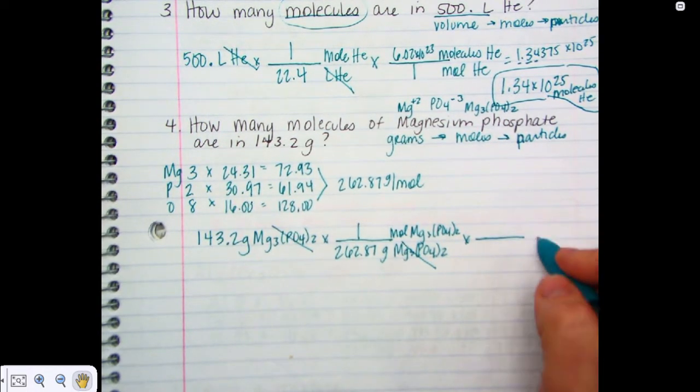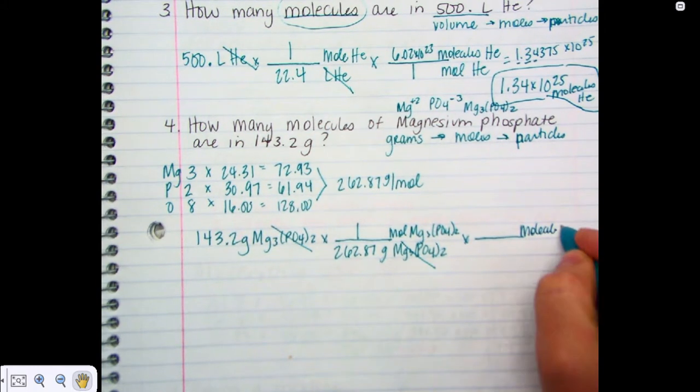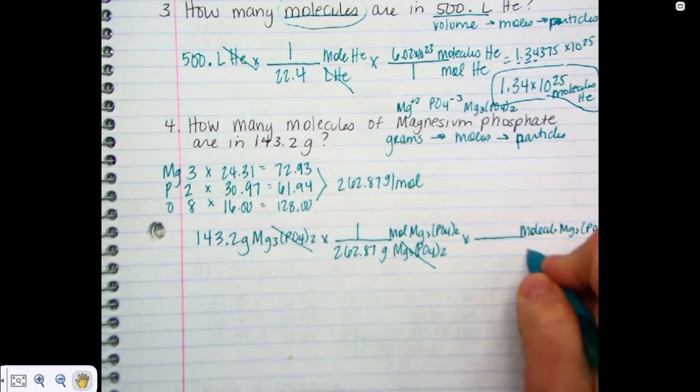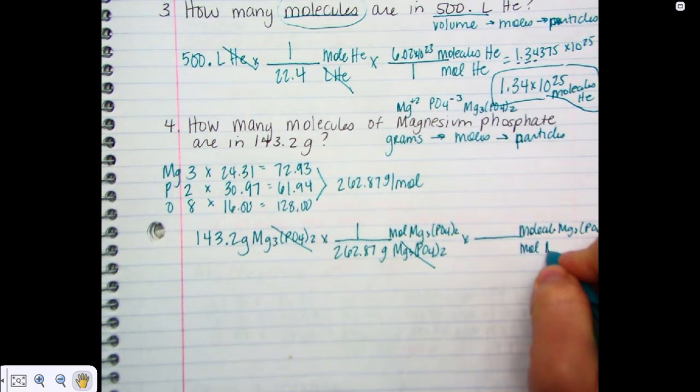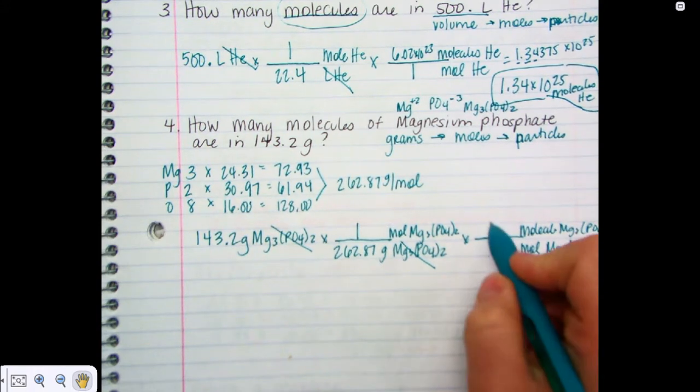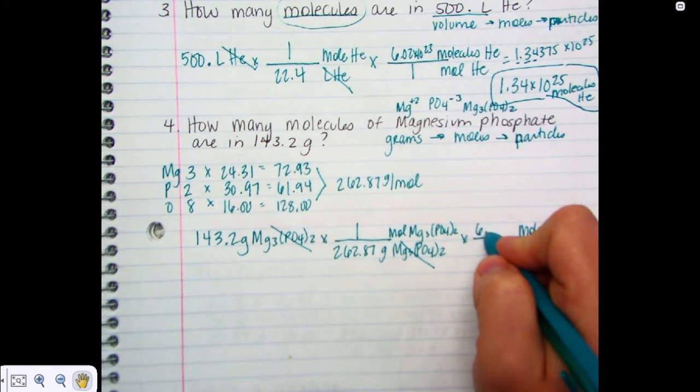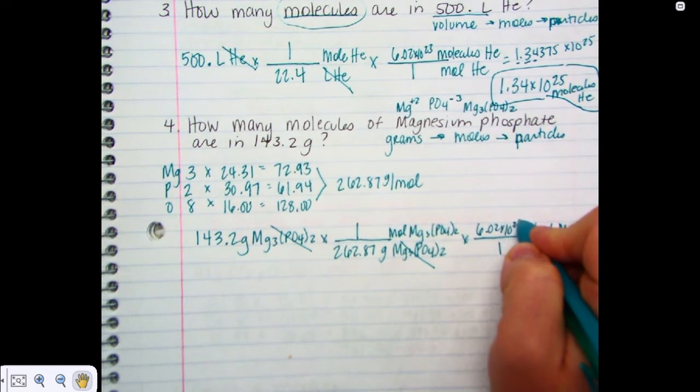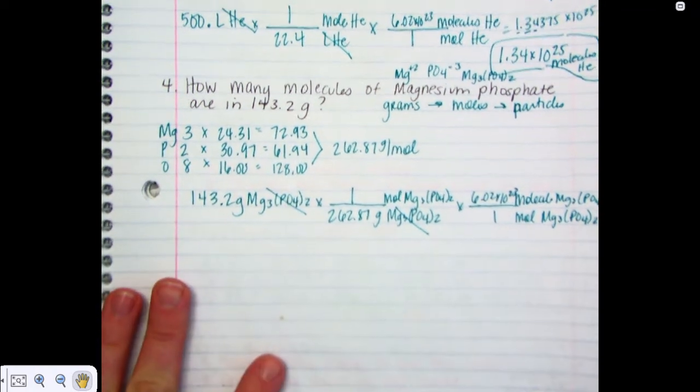Go into molecules, so molecules of Mg3(PO4)2 on the top over moles Mg3(PO4)2. 1 mole is equal to 6.02 times 10 to the 23rd molecules.